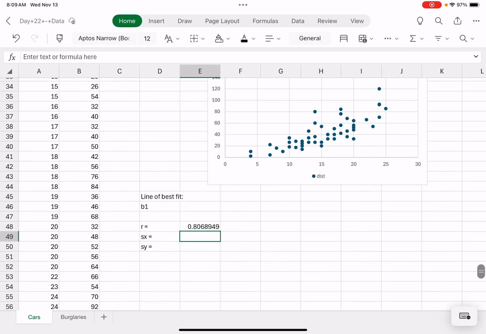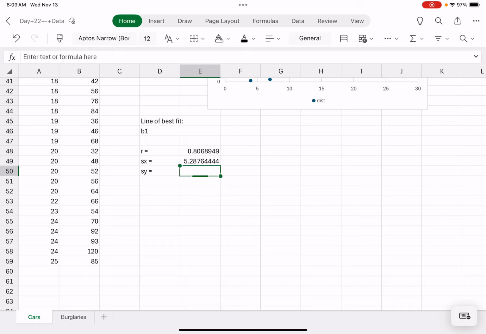And so I'm going to do equals stdev.s. There it is. I'm going to go ahead and select this. Get down to there. All right, enter. There's my standard deviation for my X variables, or my explanatory variable.